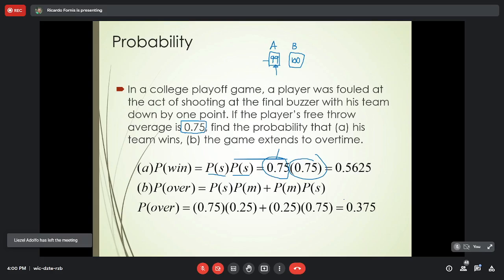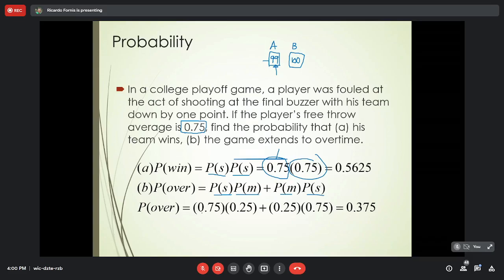The second one, we will do it this way. The first is converted, the second is missed. Only one point is needed to extend it to overtime. But this is also possible to happen: the first one is missed, but the second one is converted.